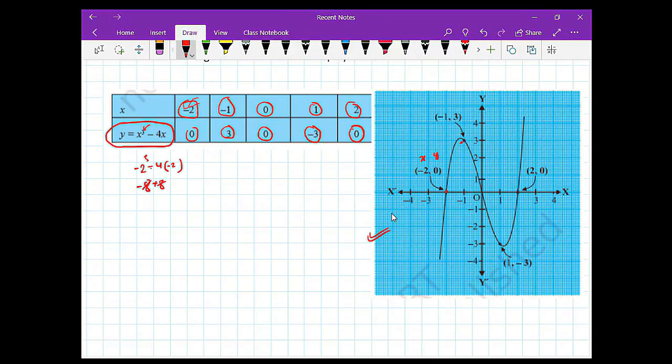The third point is when x equal to 0, y is also 0, which means it passes through the origin. The fourth point is when x equal to 1, y becomes negative 3. And when x equal to 2, y is 0, which means the point lies on the positive x-axis.